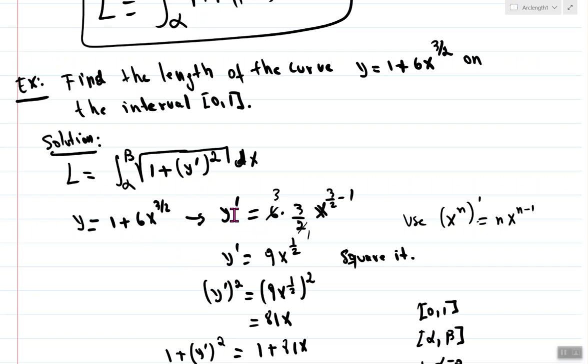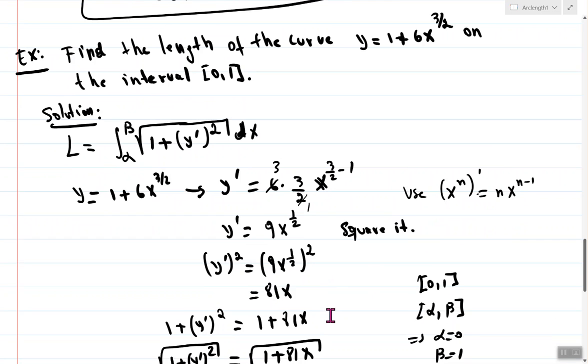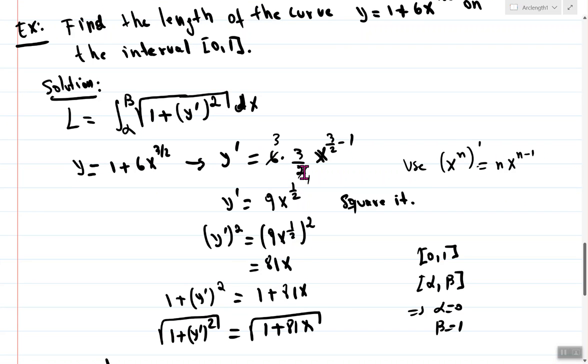The derivative of 1 is 0. The derivative of 6 times x to 3/2 is 6 times 3/2, times x raised to 3/2 minus 1. We use the power rule of derivatives. We simplify, we end up with 9, and 3/2 minus 1 is a half. So this is y prime.